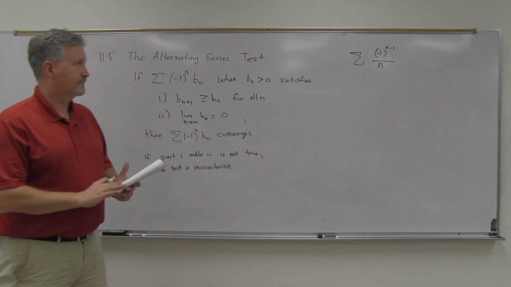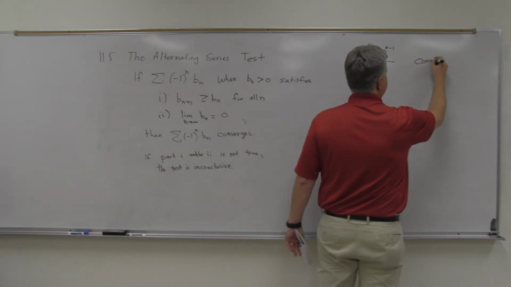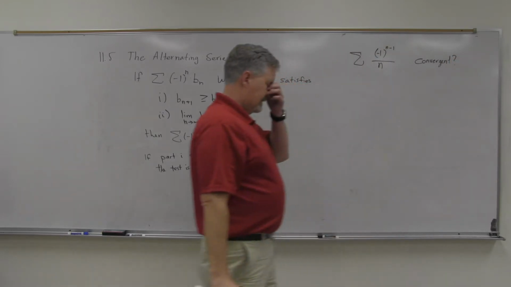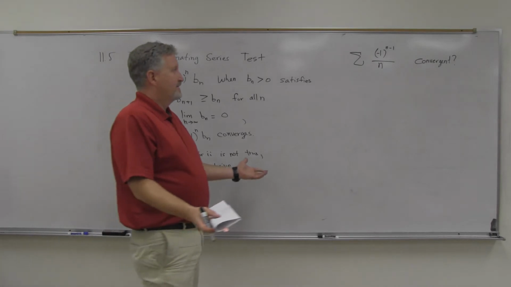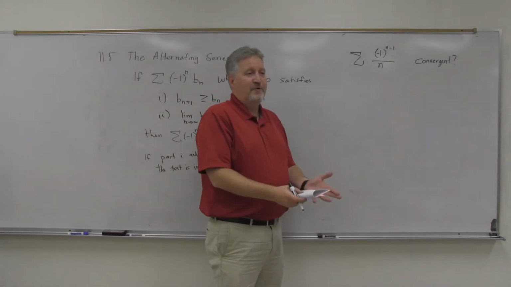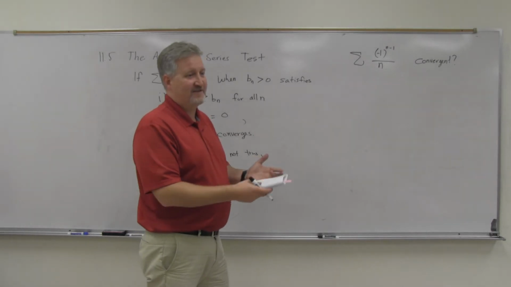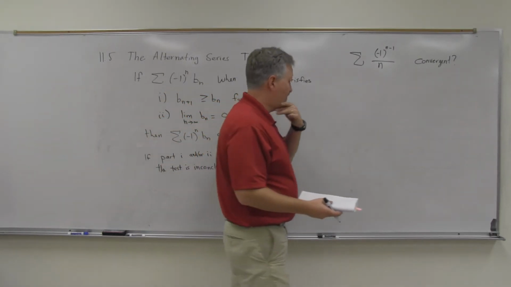All right, so the first one is this one. Is that one convergent? Well, it's obvious when we should try the alternating series test. It's one of the ones that's obvious for the most part.